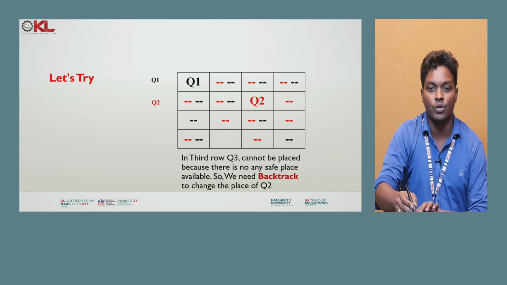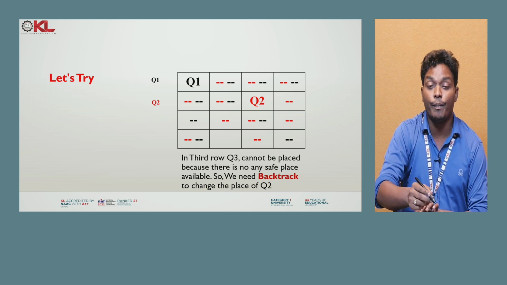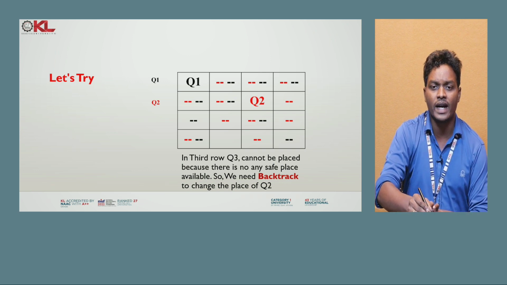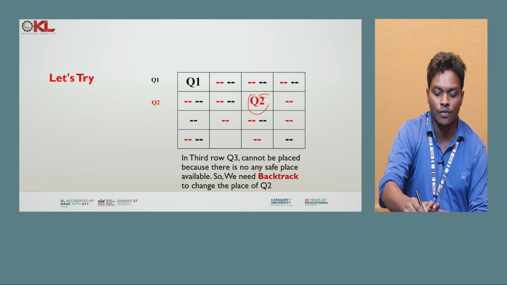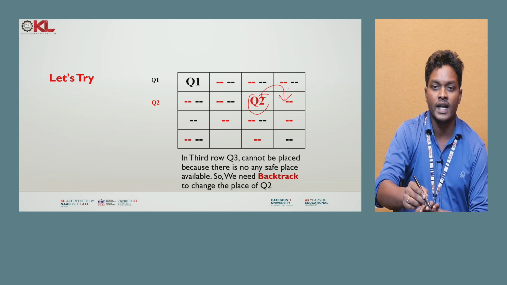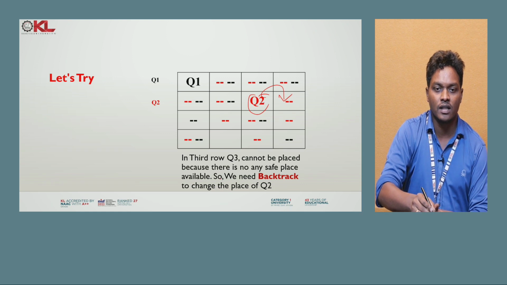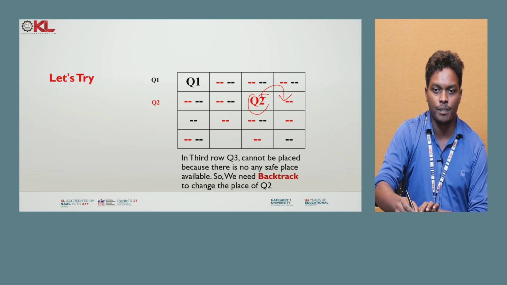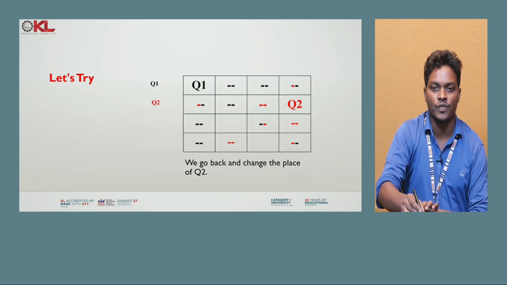Then what do we have to do? At that time we have to backtrack, and change the position of q2 to the next available place. Since q3 cannot be placed in the third row because there is no safe place, we backtrack q2 and change its position.